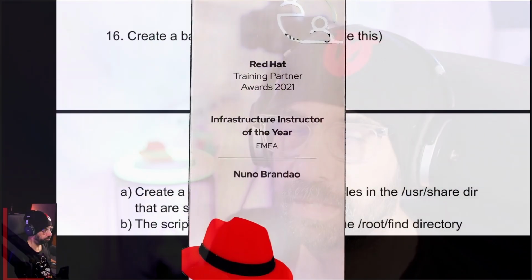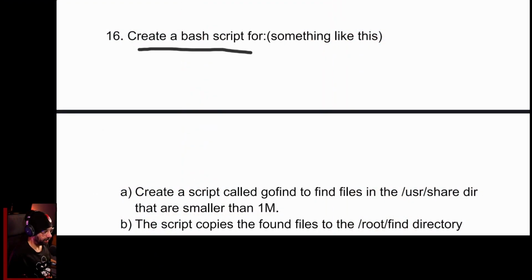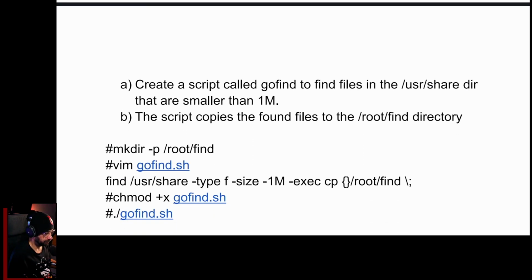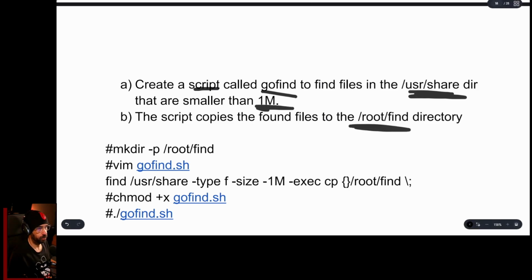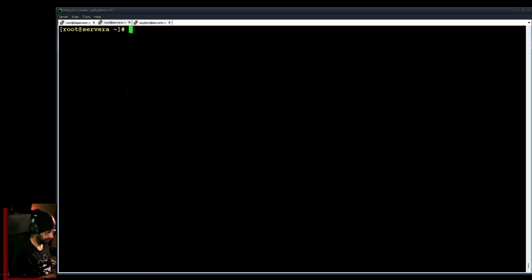Check it out. Create a bash script for something like this. I don't remember all the details, of course. It's something like this: create a script called gofind that finds files in the /usr/share directory that are smaller than 1 megabyte and puts them in the /root/find directory. So let's create the directory with mkdir -p /root/find and create the script.